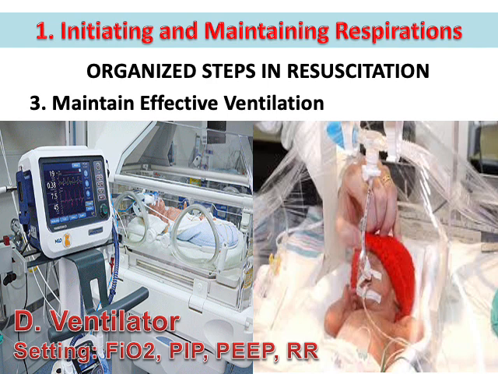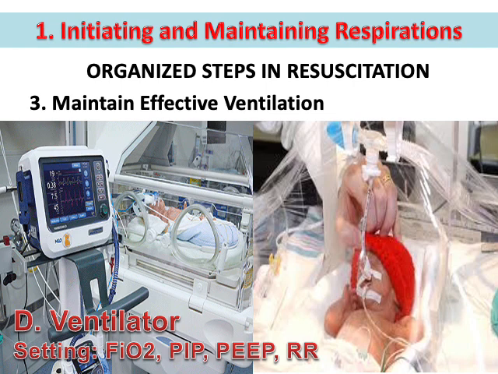Again, FiO2, partial concentration of oxygen, maximum is 100%, minimum is 30%. PIP, inspiration. Because it's also pressure, it is in mmHg. And it is how big the lungs can inflate.